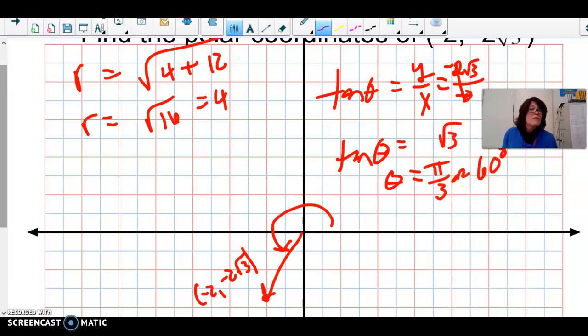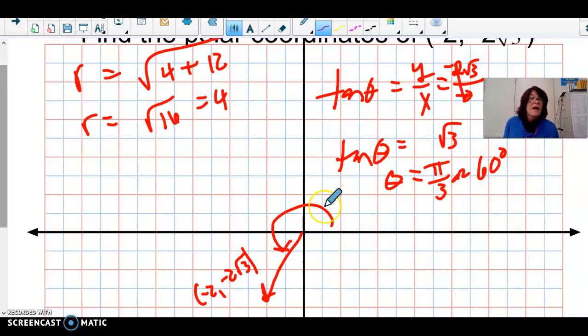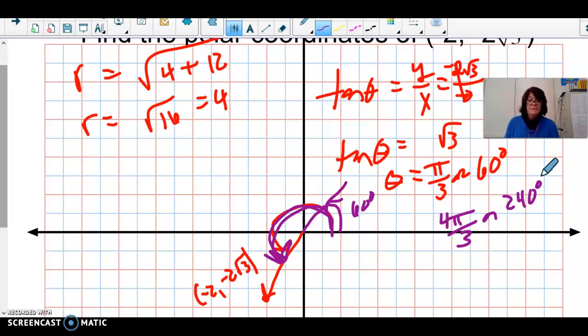You have to be careful. Don't just blindly put that. I got 60 degrees, that's great, but I realize that I'm in the third quadrant. There's another place where the tangent of theta is square root of 3, right? At 4 pi over 3, or 240 degrees. Okay? Is that all right?